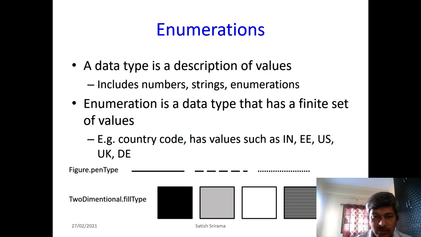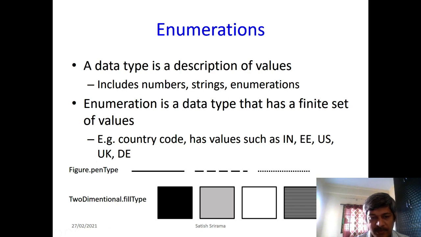Now if you put all these country codes together, that will make an enumeration. What the advantage of that is, we'll be seeing in the coming slides. Similarly, we have already discussed the figure class while discussing generalization concepts. The figure class has a pen type.